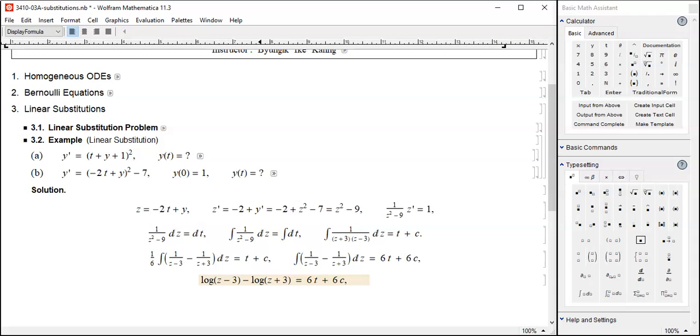And what's the typical technique to work out these two logarithms? Combine them into a single logarithm, log of z minus 3 over z plus 3, and then on the right-hand side, 6t plus 6c.